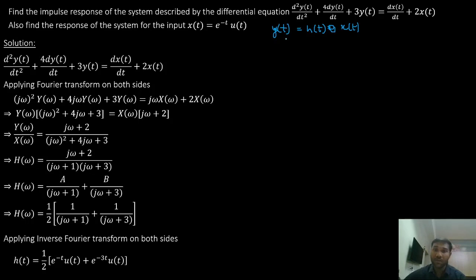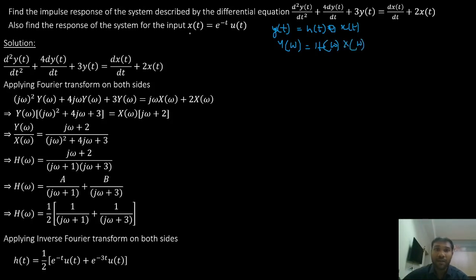That is one method. But convolution will be complicated because I have to take x of tau and here h of t minus tau, and I have to integrate it, right? So it becomes a little complicated. So what I am going to do is calculate Y of omega, which is nothing but H of omega multiplied with X of omega, right?